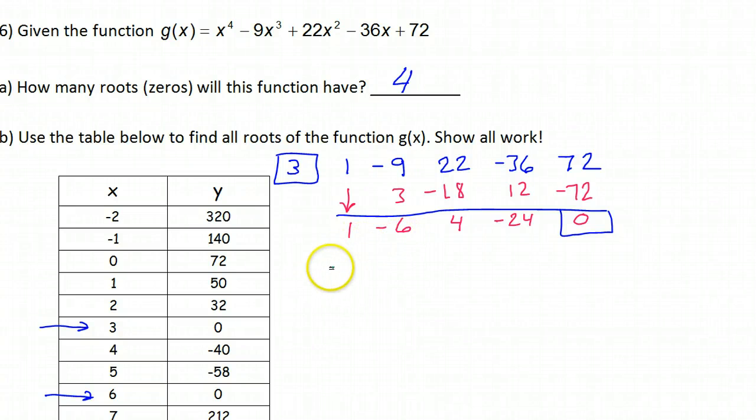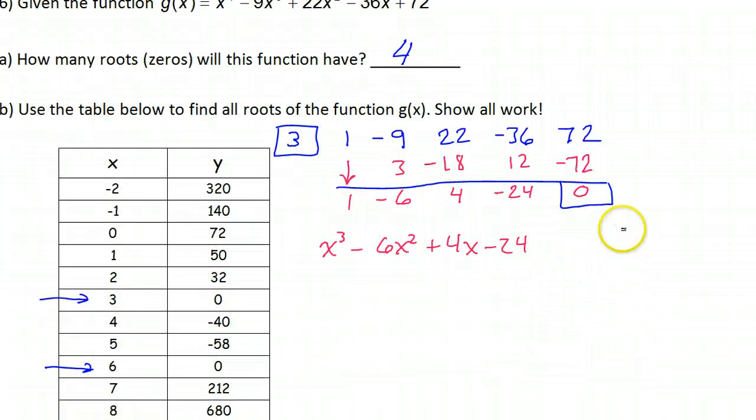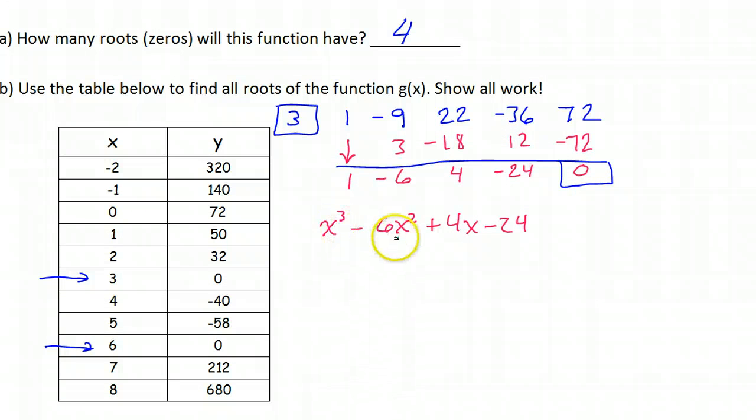If I did grouping, so what I have here, putting the variables back in, I've got x to the third power minus 6x squared plus 4x minus 24. So if I wanted to finish this problem by grouping, I would take the first two and the second two.